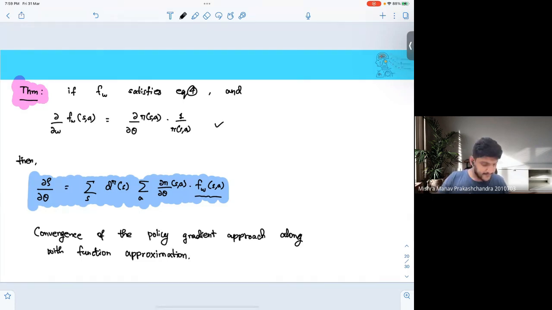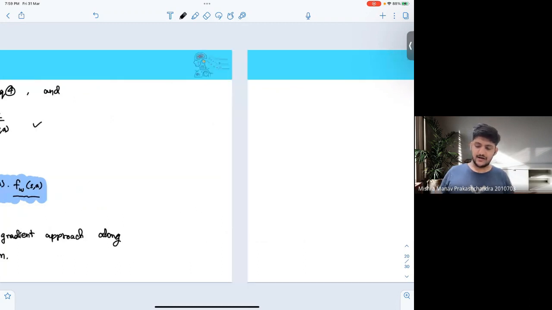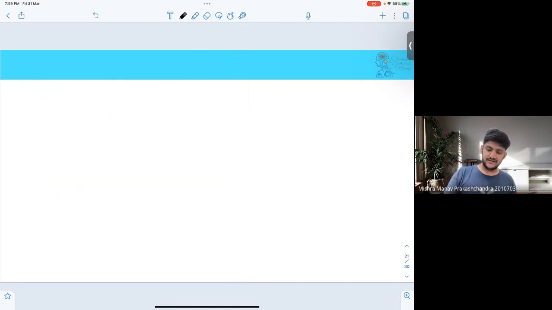Okay. And what else? Right. So let's say now I define my pi of s comma a to be the softmax policy, simply the softmax policy. So this is how softmax looks like, right?